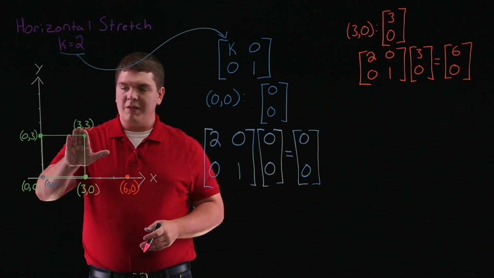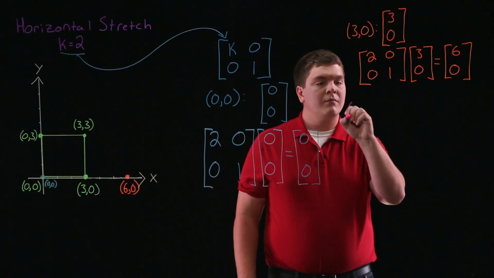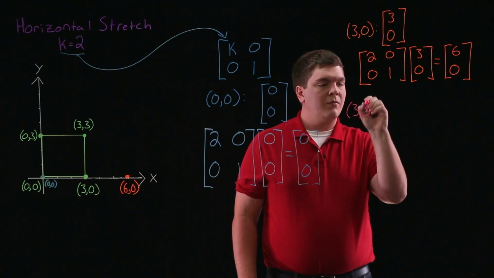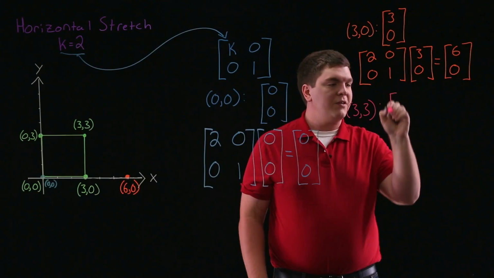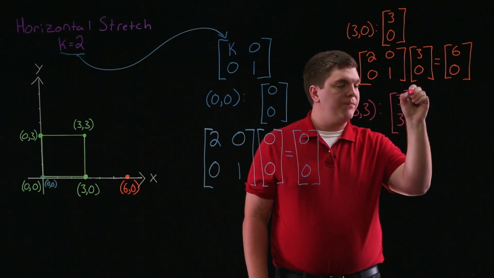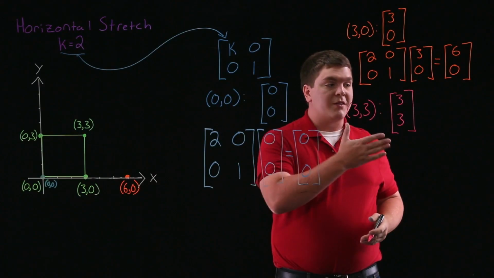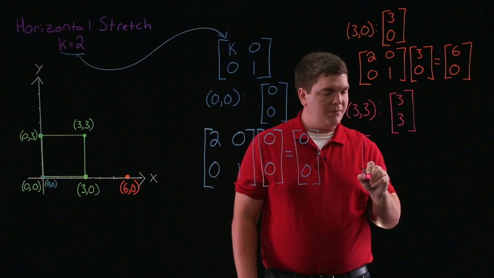As we continue on, let's look at the point 3, 3. We'll begin by thinking about this point as a column matrix, where the first entry is 3, and the second entry is also 3. To find the transformation of this point, we'll multiply by our transformation matrix.